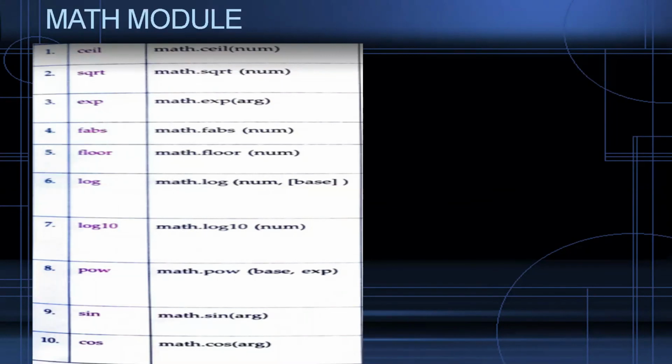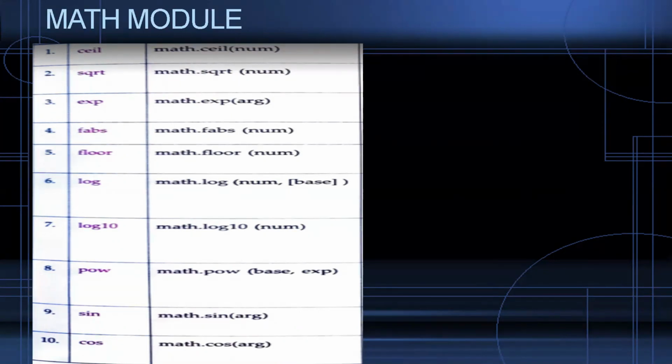In the first one, we can see math.ceil(num). That column is where we will be able to see the prototype, that is the general form of how we will use it. Ceil is used to return the smallest integer not less than num. Similarly, we can see many more: square root, exp, fabs, floor, log.